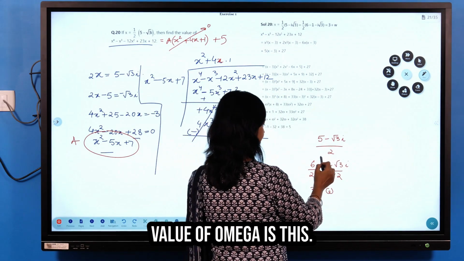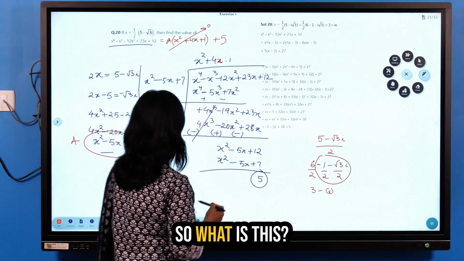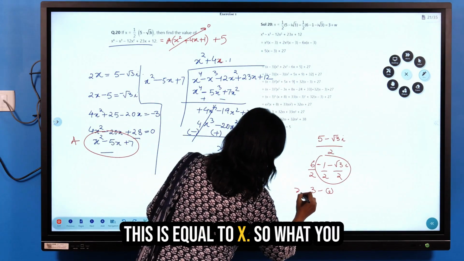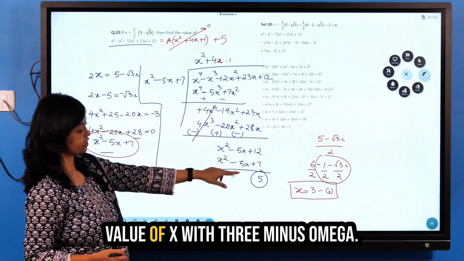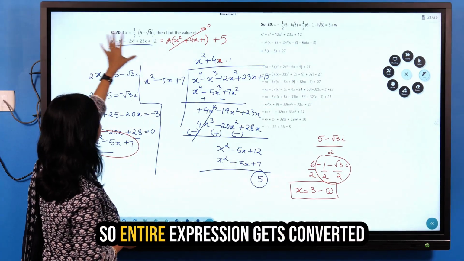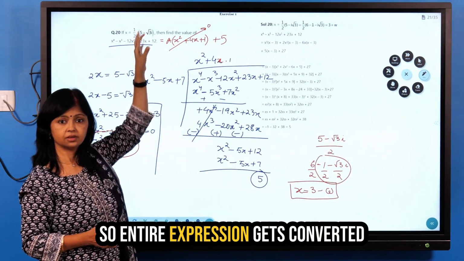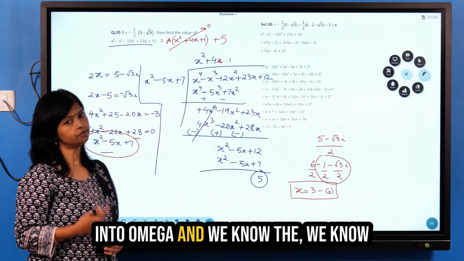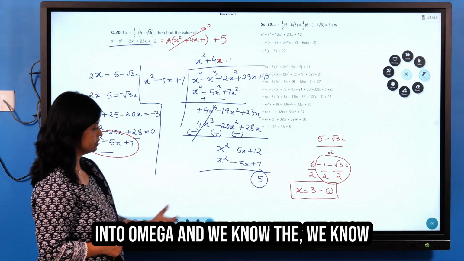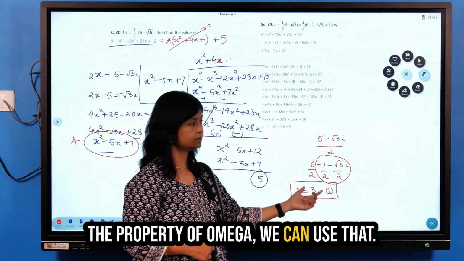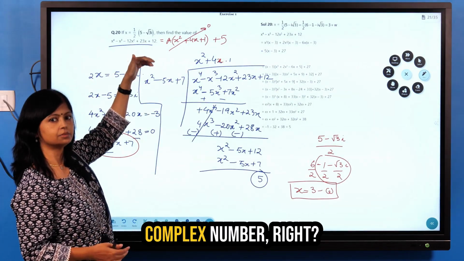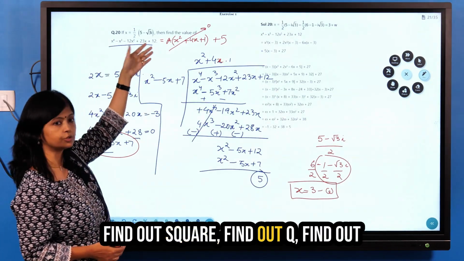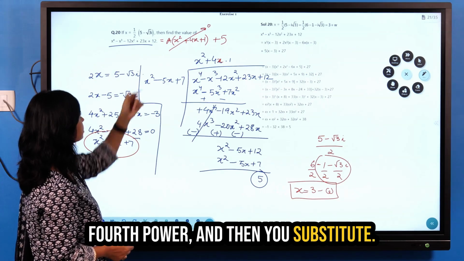We have to remember the value of omega is this. So this is equal to x. What you can now do is substitute the value of x with 3 minus omega. So the entire expression gets converted into omega, and we know the properties of omega, we can use that. Or, x is given to us as a complex number, so find its square, cube, fourth power, and then substitute.